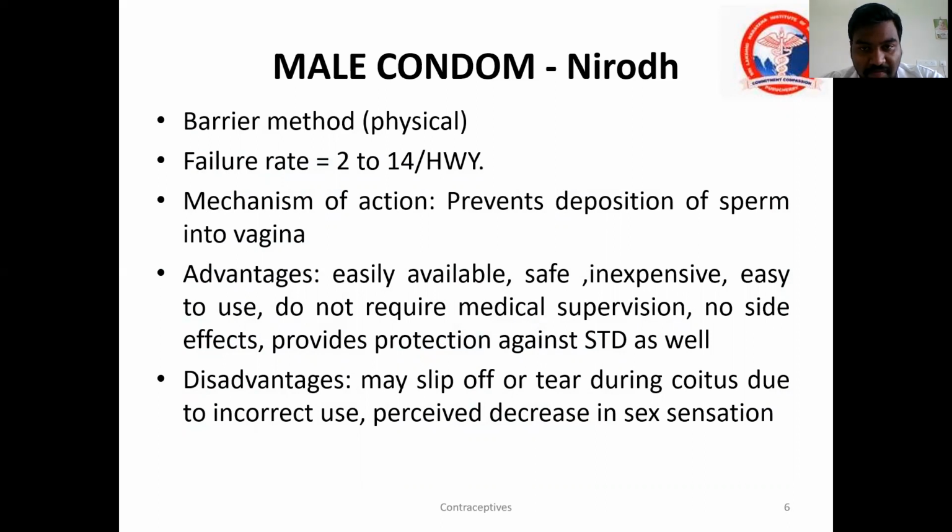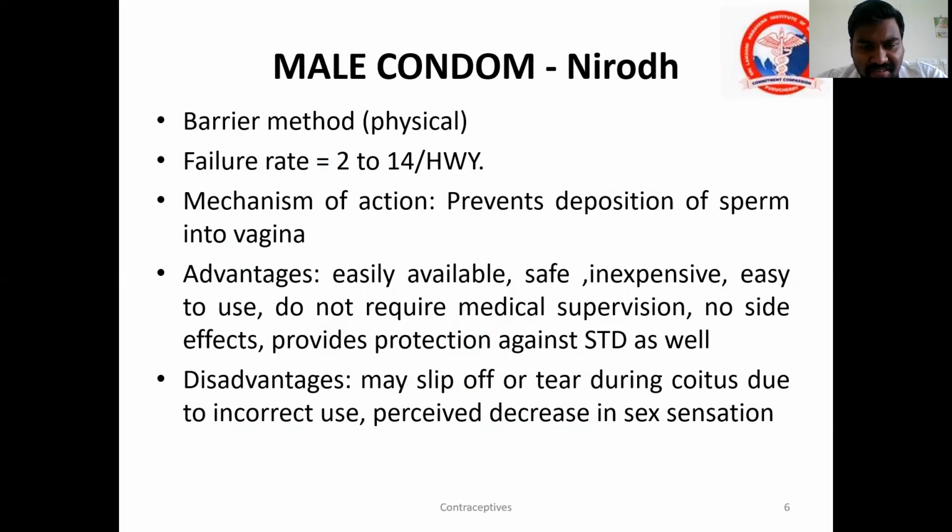The mechanism of action is that it prevents the deposition of sperm into the female reproductive tract, that is the vagina. The advantages are that the patient need not visit a health facility every time, and it does not require medical supervision. So it is easily available, safe, inexpensive, easy to use, and importantly it gives protection against sexually transmitted diseases.